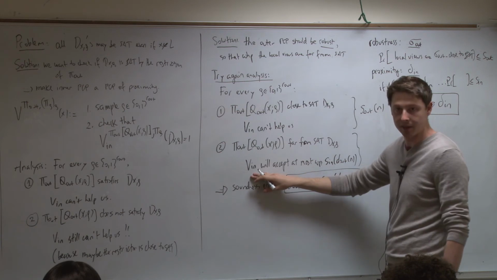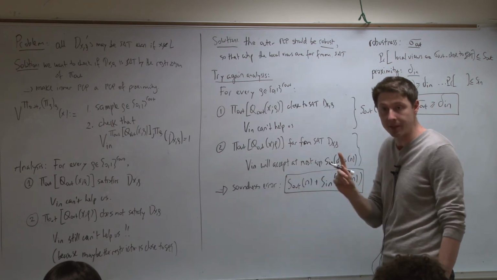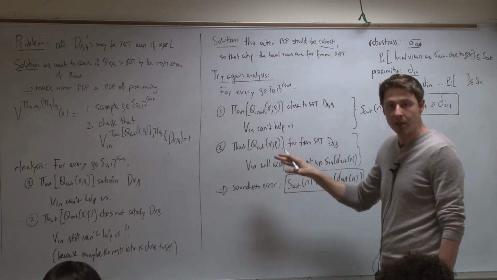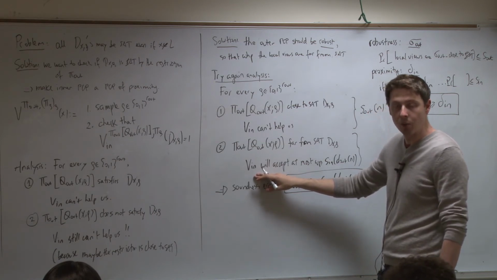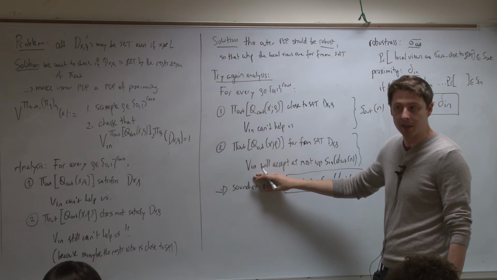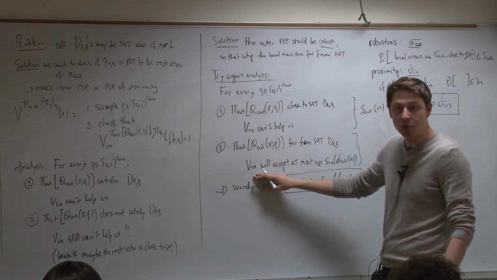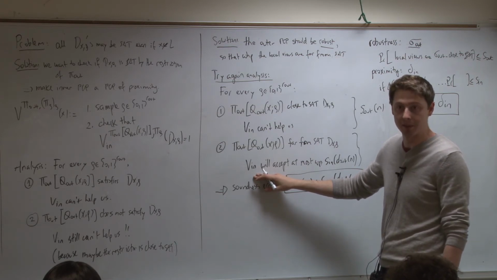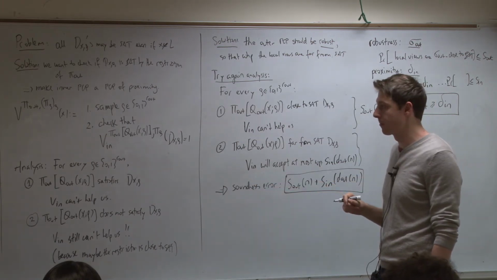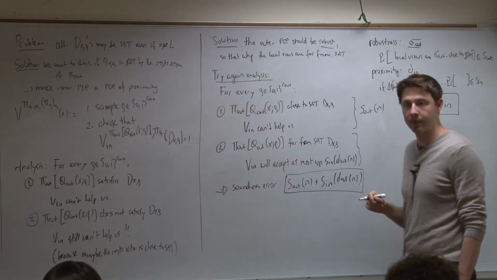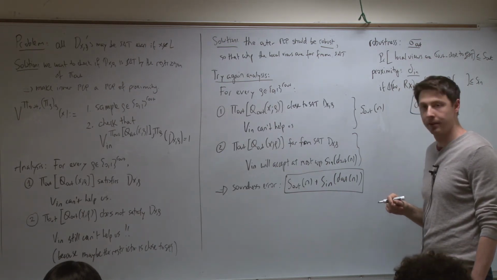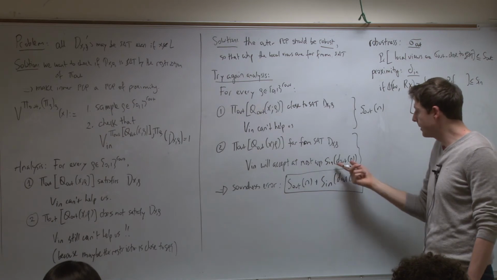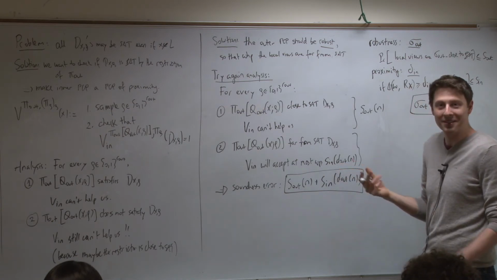We are running V in. It's a PCP proximity, but it's also robust, okay? So therefore, we know that its local views, with at most what probability are they close to satisfying? S in, right? That's it.